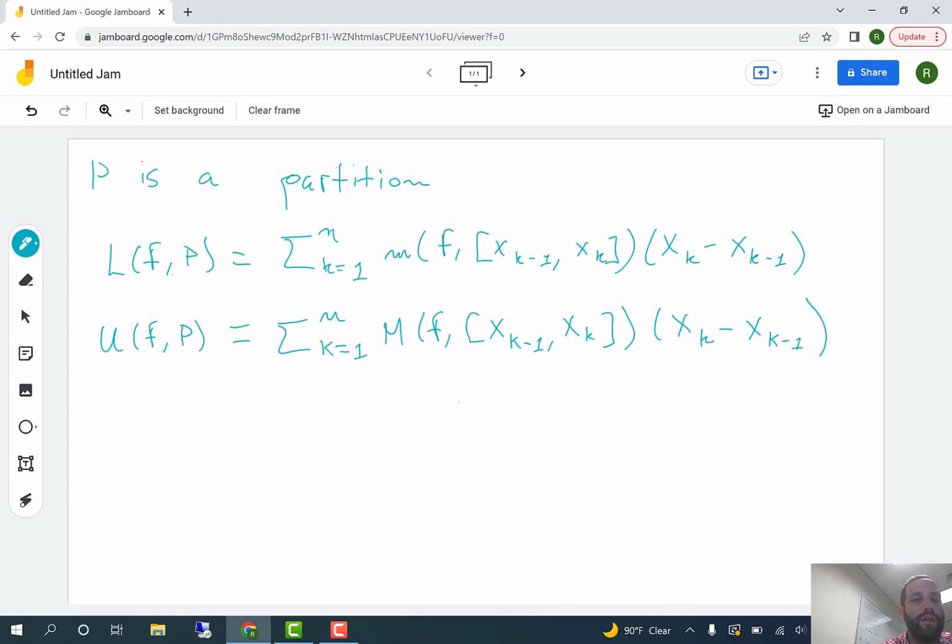And we defined the lower Darboux integral of f to be the supremum of the lower sums. So we look at the set of partitions of the interval a to b, and we form the lower Darboux sum for each partition, and then the lower Darboux integral is the supremum, and the upper Darboux integral is the infimum of the upper sums.